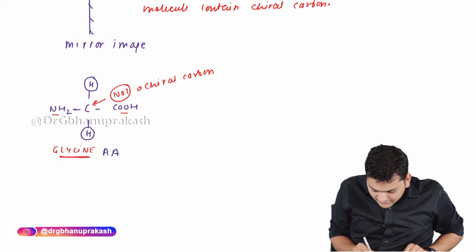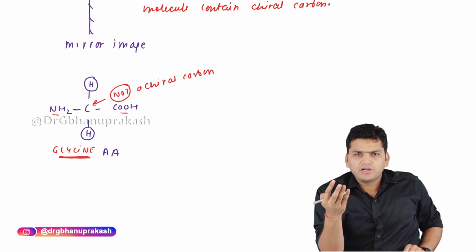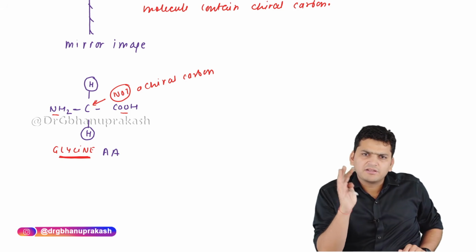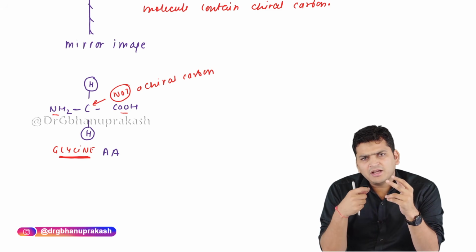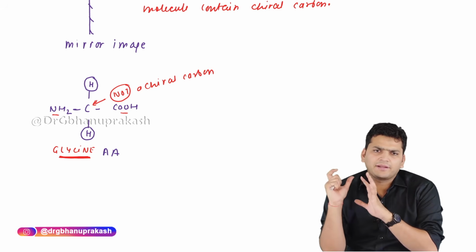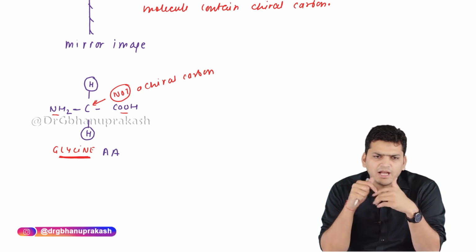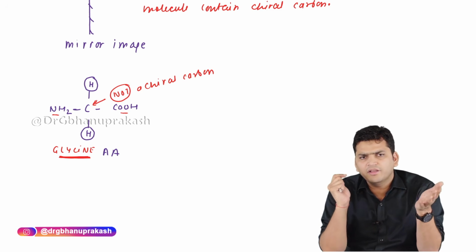So what they ask is, which amino acid does not contain chiral carbon? That is a straightforward question. The answer is going to be glycine. Or in another way they can ask, which amino acid is optically inactive, meaning which cannot make the mirror image? The answer is going to be glycine, because it does not contain the chiral carbon.